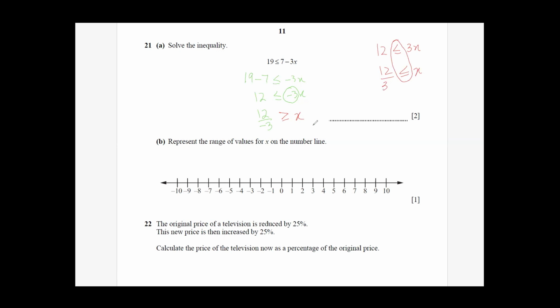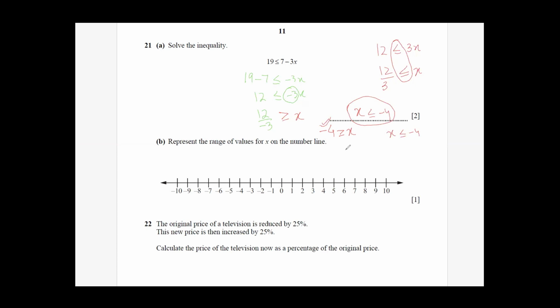So now simplifying it, that would yield negative 4 greater than or equal to x. That means that x itself is lesser than or equal to negative 4. Either this could be the answer or even this could be the answer also.